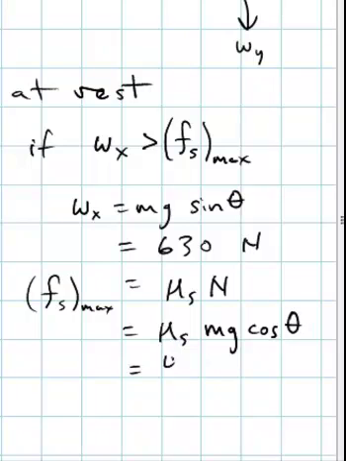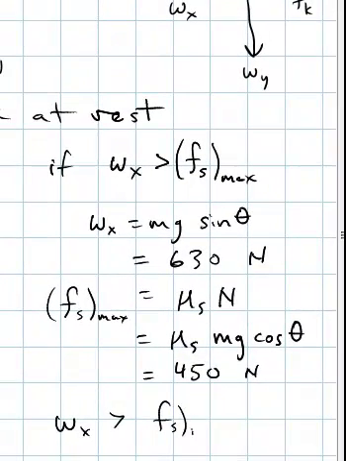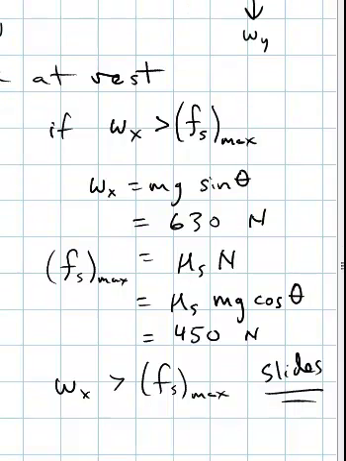I got 450 newtons. So the weight in the x direction is greater than our maximum static friction force, so it slides. Alright, good, because now we have a problem we can work.